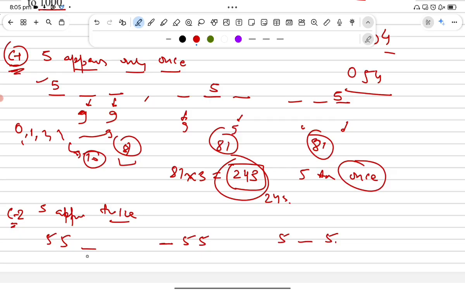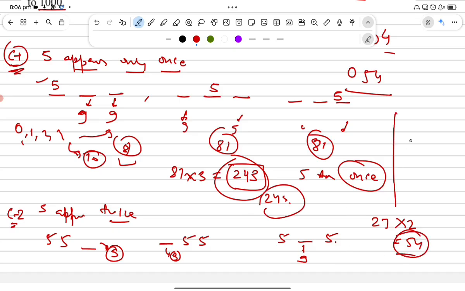Now for this position to fill, we'll have how many choices? 9. For this as well 9, and for this as well 9. In total there are going to be 27 choices. So there are 27 numbers from 1 to 1000 in which 5 appears twice. That means 5 appears how many times? 54 times. Here 243 times, here 54 times.